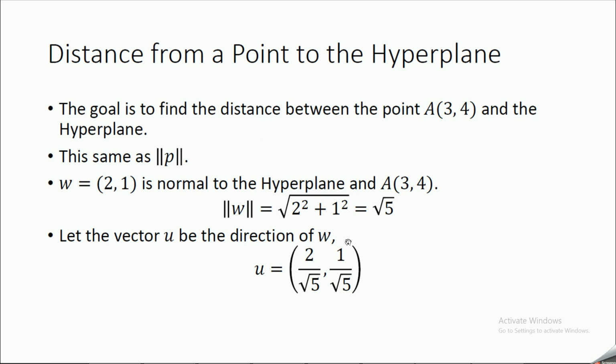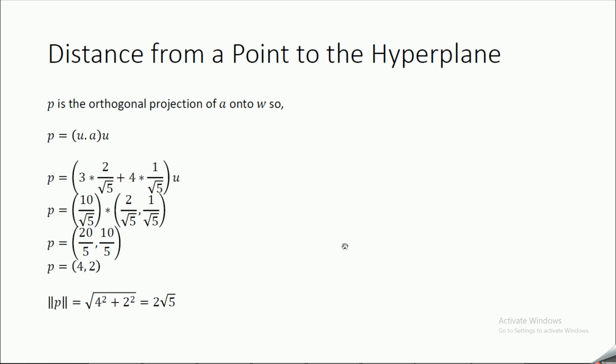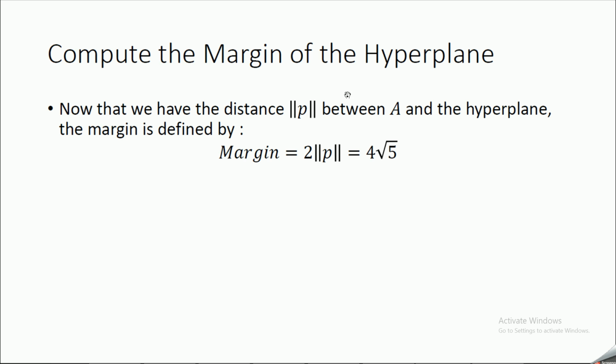So if you want the maximum margin size, what we have to do is simply multiply it by 2. So now that we have the distance P between A and the hyperplane, the margin is defined by twice the absolute value of P, which was 2 root 5. When you multiply it with 2, it becomes 4 root 5.